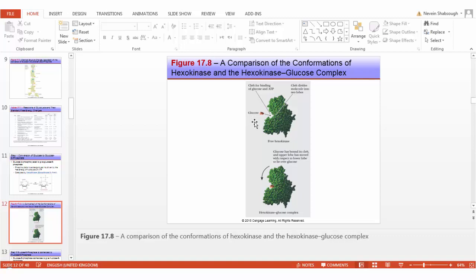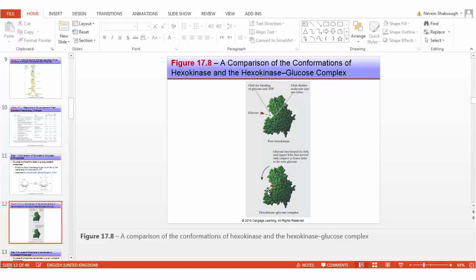When glucose approaches and is bound in the cleft, the upper loop moves down with respect to the lower loop to lie over glucose, and this is a good example of the so-called induced fit model for an enzyme binding its substrate. This is the induced fit theory we talked about in chapter 6.